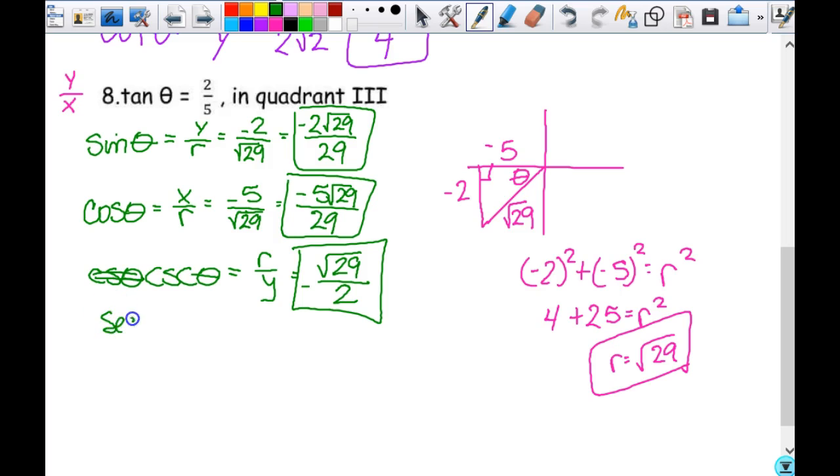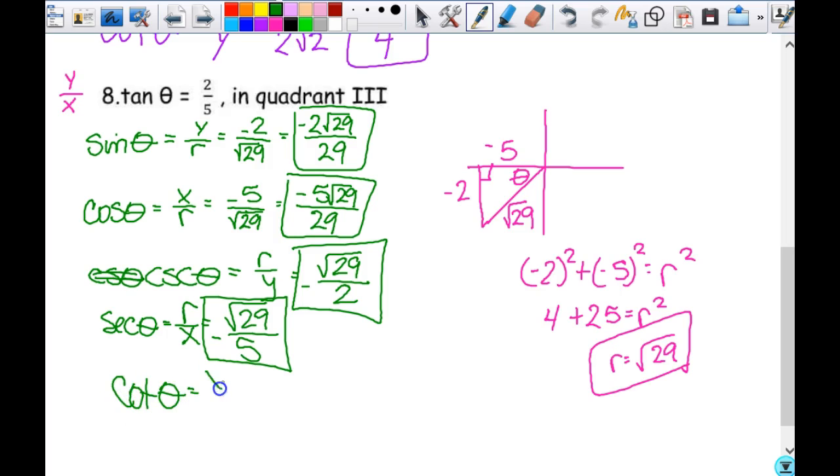Then secant theta, r over x, square root of 29 over negative 5. And then cotangent theta is x over y, and what is that? 5 over 2. Everybody okay with that? Make sure you can reason through what's happening on your quadrants.